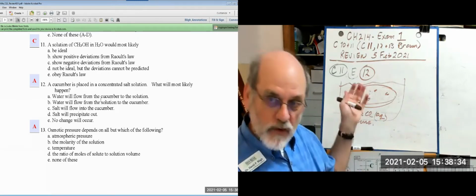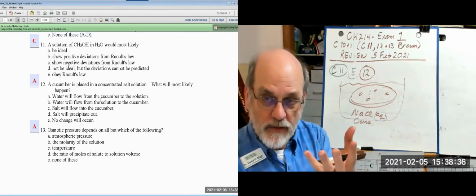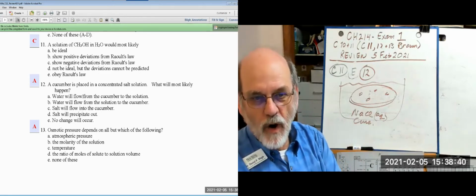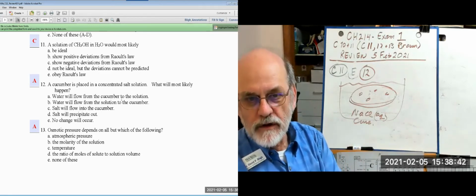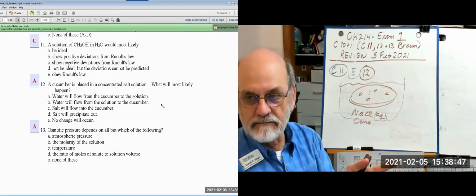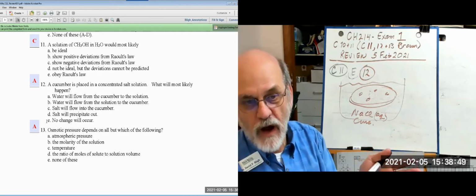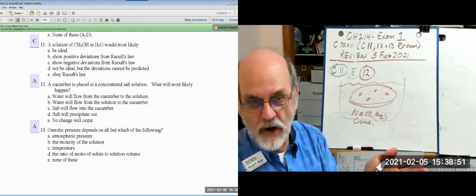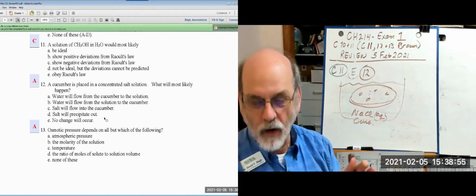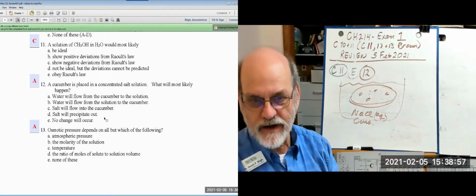So if the water moves out of the cells, the cucumber should shrink in size and mass. Water will flow from the cucumber to the solution. That's it, because the only other options are not right. No change will occur? Oh yeah, it will. Salt will precipitate out? No, it's just concentrated, it's not saturated.